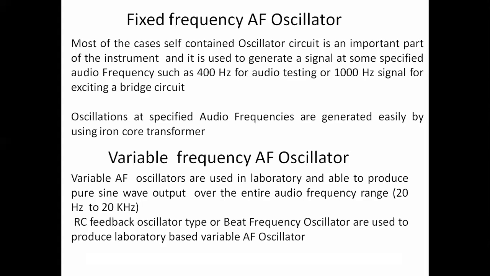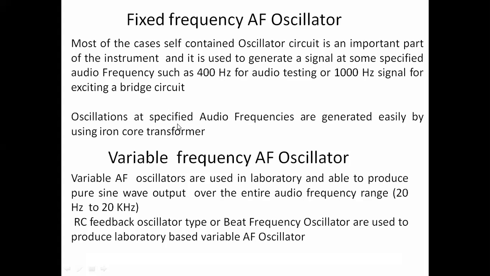Especially these are used to produce fixed frequencies of 400 hertz or 1000 hertz. Generally, with a fixed frequency audio frequency oscillator we can produce signals of 400 hertz or 1000 hertz. Basically these frequencies are generated by using an iron core transformer.